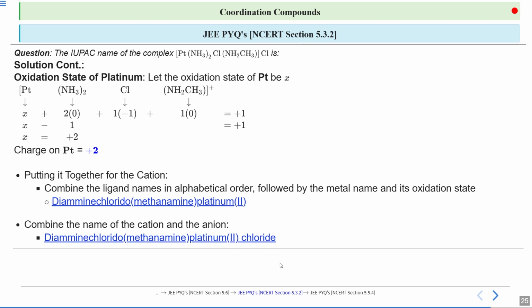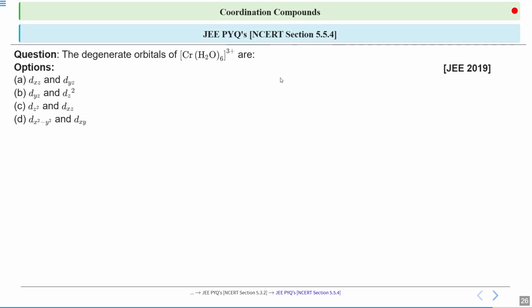Okay, let's move to our next question. This is a JEE PYQ and this is covering the NCERT section 5.5.4. The question is: the degenerate orbitals of [Cr(H2O)6]3+ are. For this complex, you have to tell the degenerate orbitals.